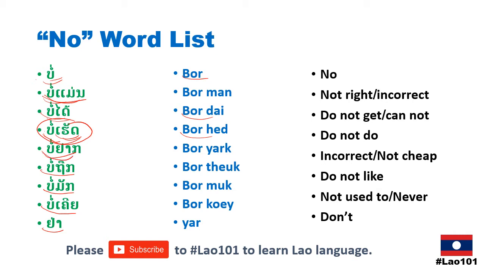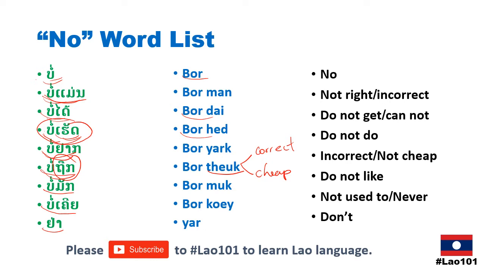Bo yak, this one is quite straightforward, means don't want. Bo thuk means not correct. Thuk has two meanings: one is about being correct, and another meaning is cheap. Depending on the context, people might get confused about this one, so I just put it there.